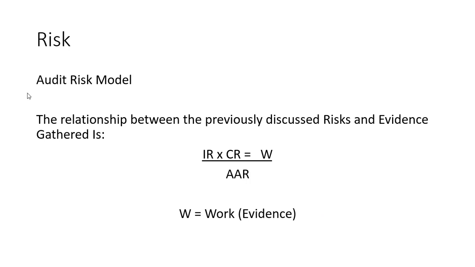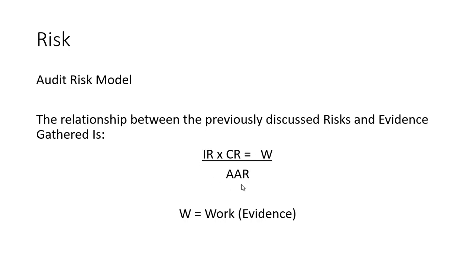If we put all this together, it becomes what's called the audit risk model. And it shows the relationship between these previously discussed risks and the evidence that's gathered. IR times CR divided by AAR equals W, the amount of work.